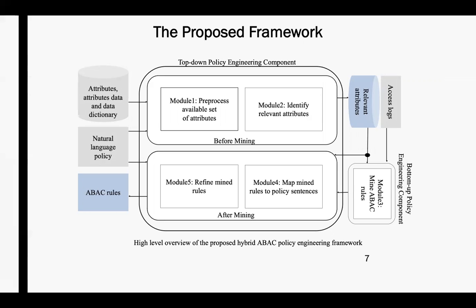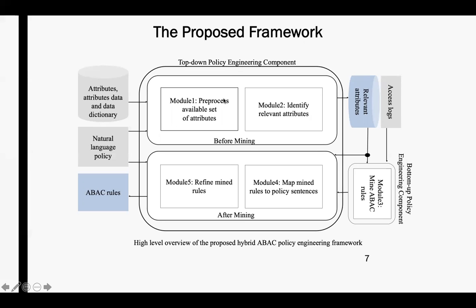For the top-down component, we analyze the policy, and we also compare the given attributes against the policy in order to select among all the given attributes those that are actually relevant to the expression of rules.